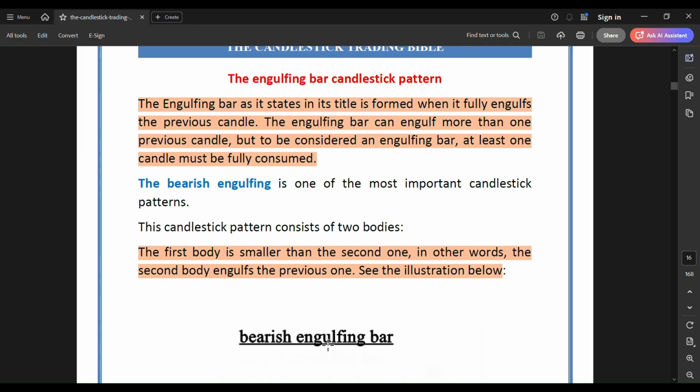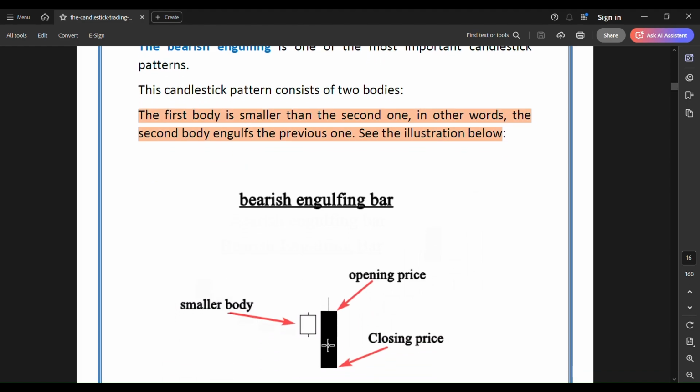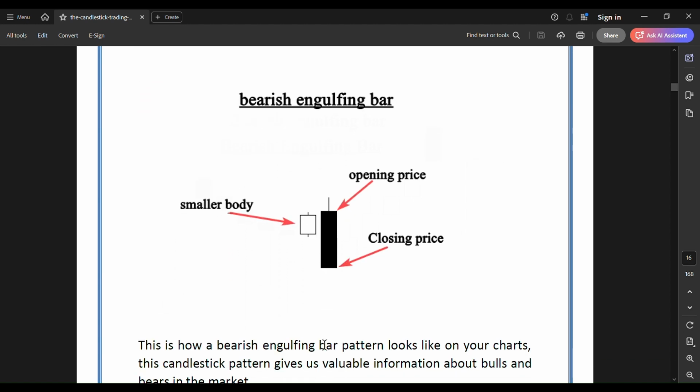The bearish engulfing one is the most important candlestick pattern. The pattern consists of two bodies. The first body is smaller than the second one. In other words, the second body engulfs the previous one, as shown here. So you've got the second body engulfing the first body.